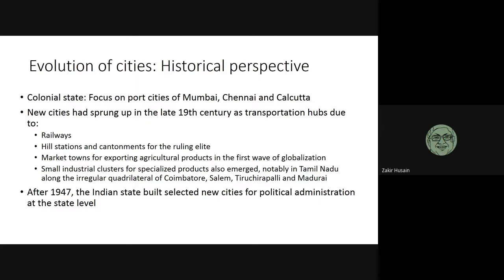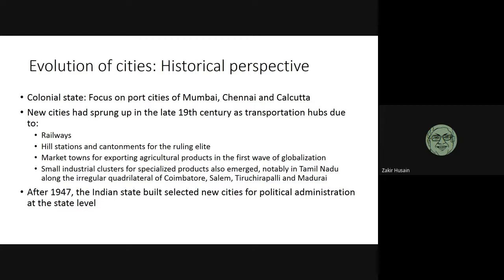Unfortunately, we could not get a video because it's ongoing work. But there's another paper, a shorter one, which I can send you. You can go through it and see how railways contributed to economic growth, and along with it, the emergence of small towns along the rail routes.